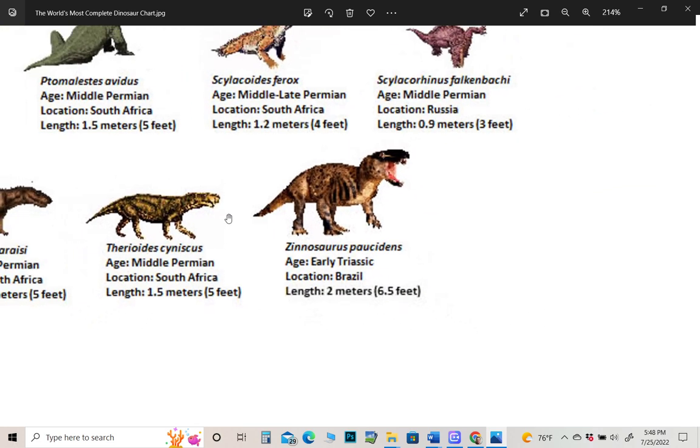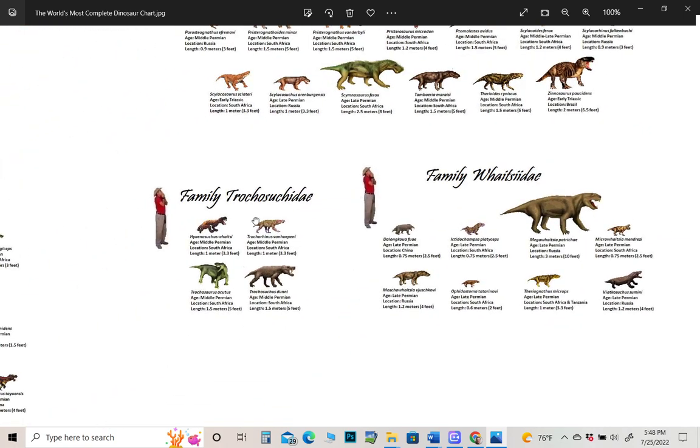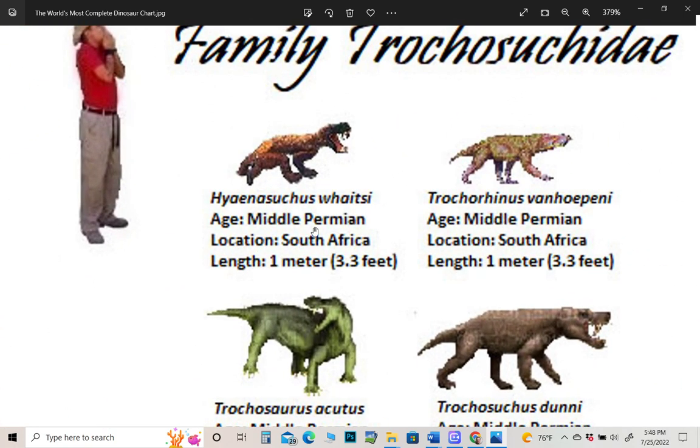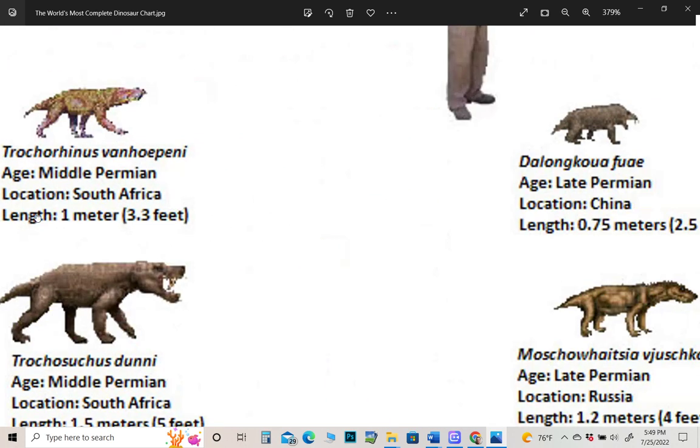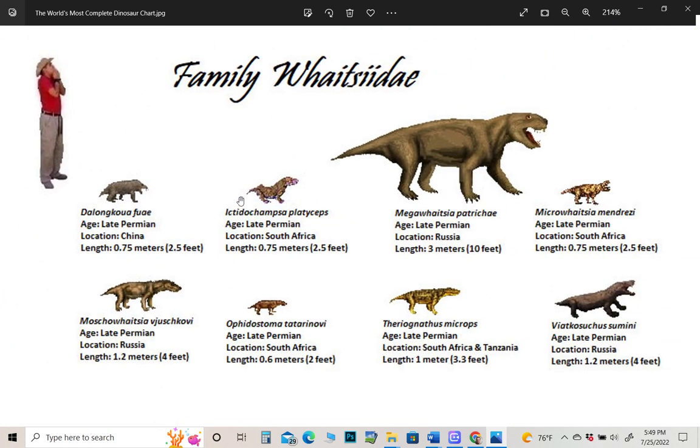Theroids, and Xenosaurus. And then we have the Trochosuchids. Hyenasuchus, Trochorhinus, Trochosaurus, and Trochosuchus. And lastly, the Watsids.